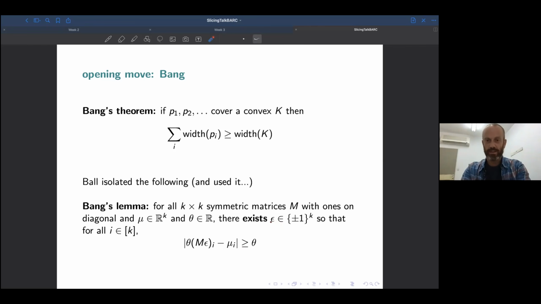I will explain later exactly how this is structured. And I want to say one more thing. The proof of Beng's lemma is 2 lines, 3 lines. It's really, really short, and it's amazing. He defines, using this M, mu, and theta, some energy, a very simple, very natural energy.